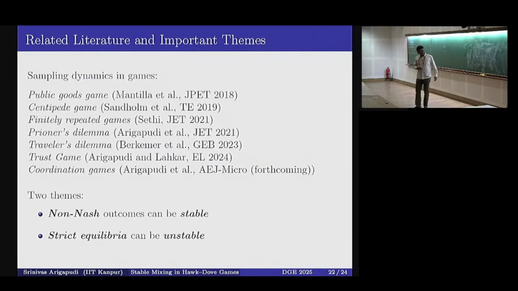And more interestingly, strict equilibria can be unstable. This happens when the value of k is not too large, and one can rigorously show that when you increase the value of k, strict equilibria will be stable. So these are the two themes which pop out from this strand of literature.